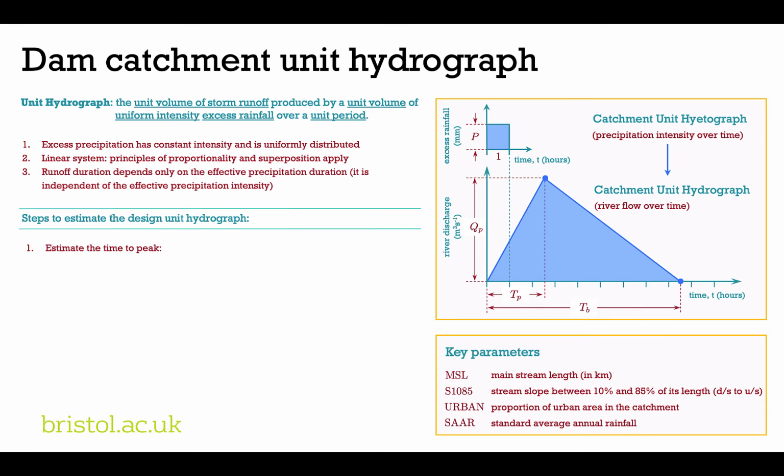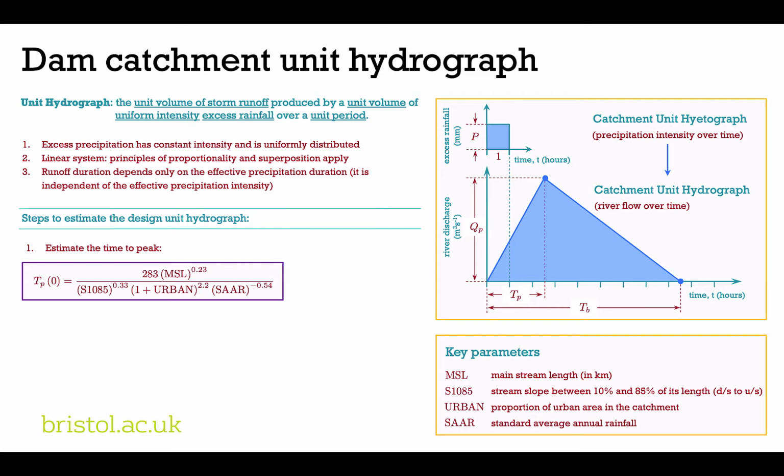And we're going to use the main stream length in kilometers, the stream slope between 10% and 85% of the stream length, and that's measuring from downstream to upstream, that's called S1085. We're going to use a parameter called urban, which is a parameter that defines the proportion of urban area within the contributing catchment, and we're going to use SAR, which is the standard average annual rainfall.